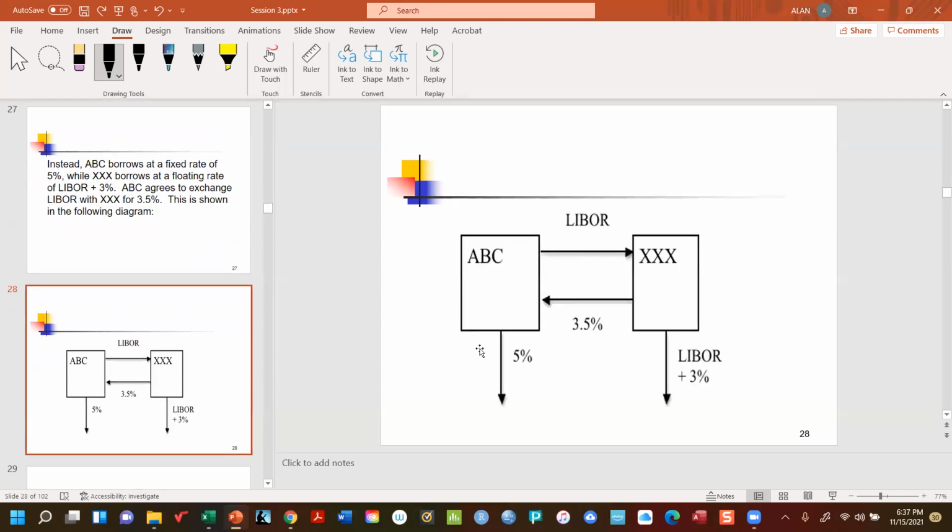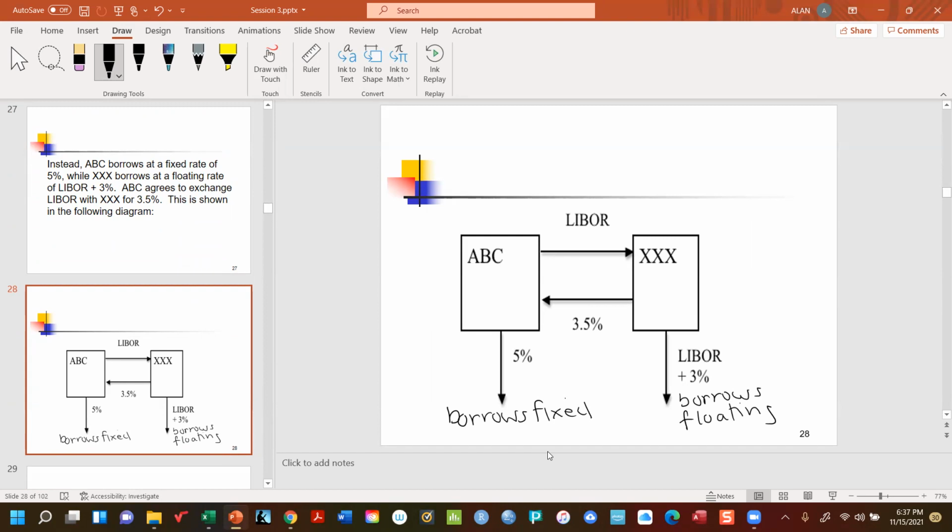So let's take a look at this graph. It's so much easier. So ABC borrows fixed. XXX borrows floating. Now, you can see what's happening is that they're trading.